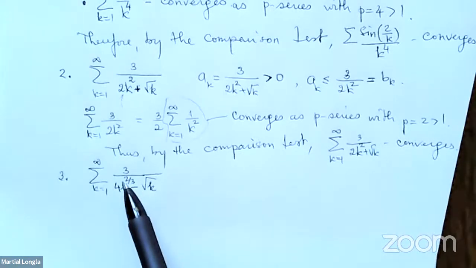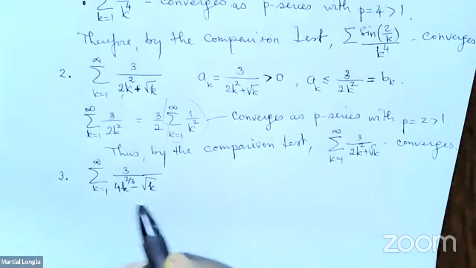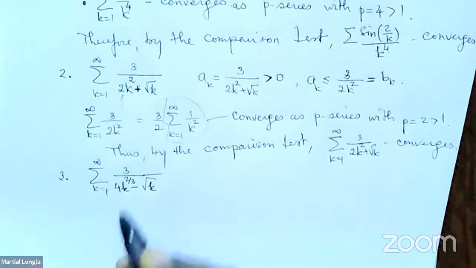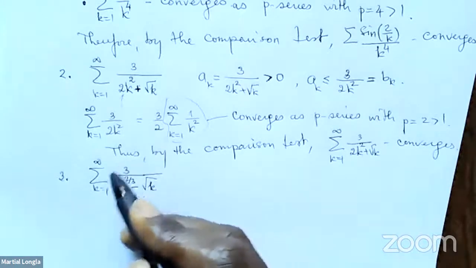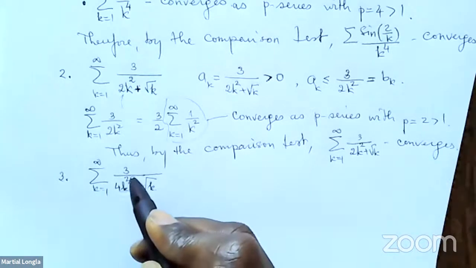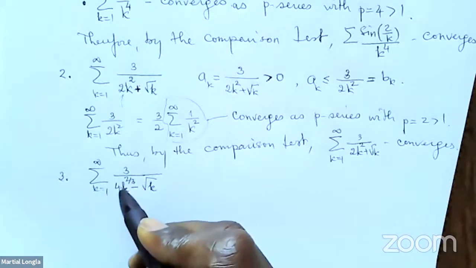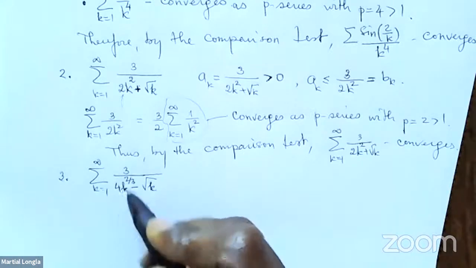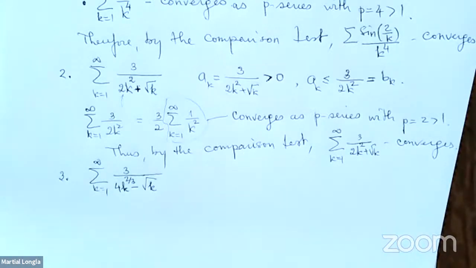K to the power 2/3 is larger than square root of k. That makes this number here positive, first of all. Moreover, it will behave like something with 1 over k to the power 2/3. And then that is a p-series there with p less than 1. So you're thinking that it is divergent.